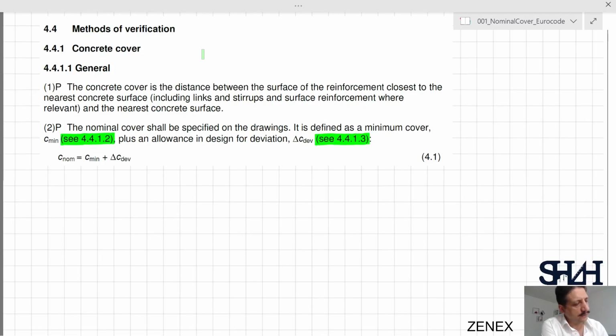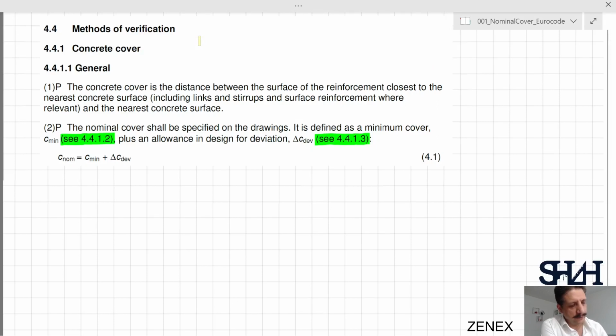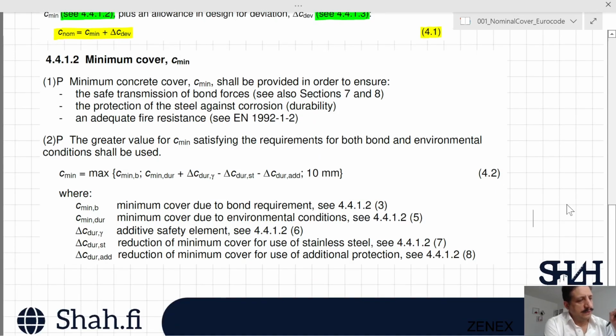And the equation for calculating c nominal is given in equation 4.1: c nom = c min + delta c dev. Minimum cover c min is given in clause 4.4.1.2 of Eurocode 2.